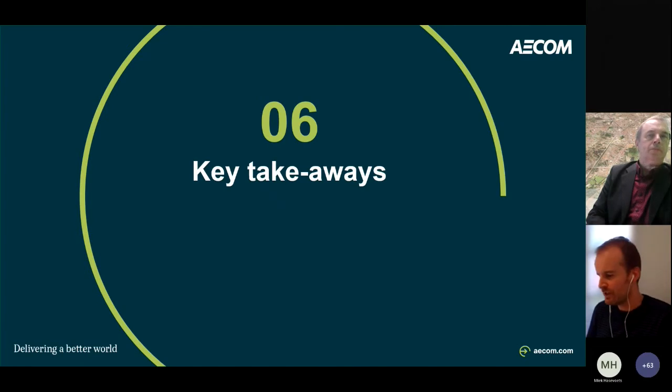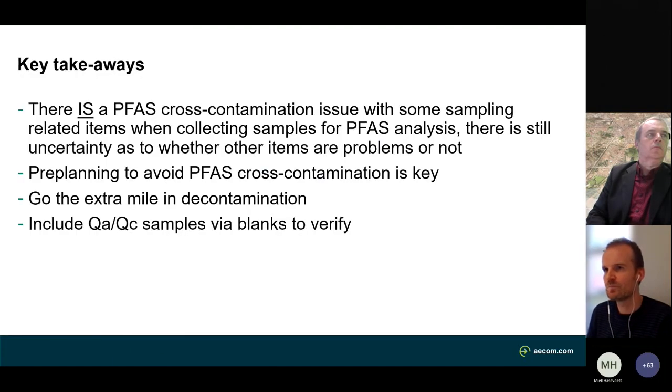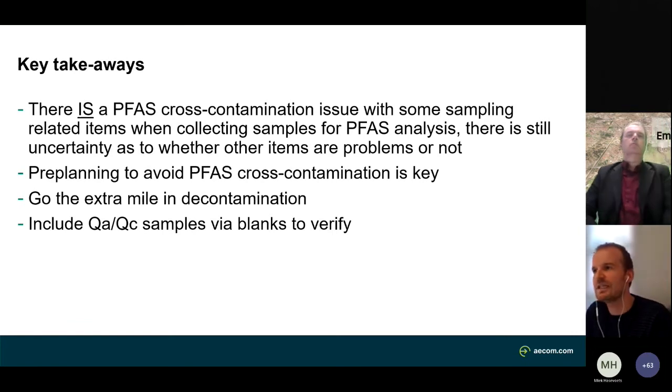So, covering these items, I want to end with some key takeaways. That is that there is a PFAS cross-contamination issue with some sampling related items when collecting samples for PFAS analysis. There is still lots of uncertainty as to whether other items are problems or not, and therefore stay vigilant and check what you want to use or what you have to use on site.